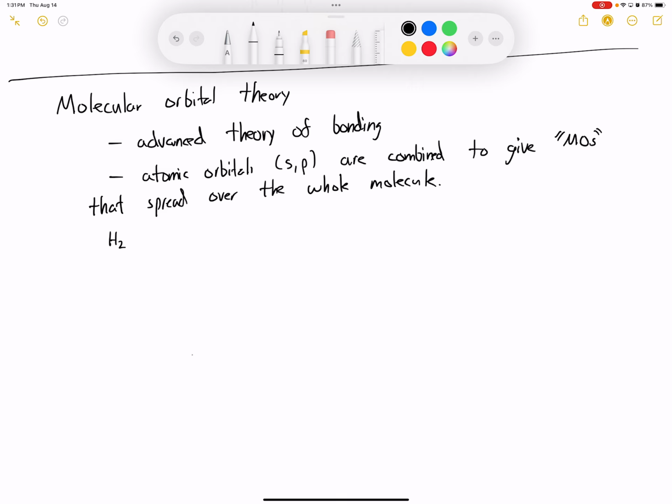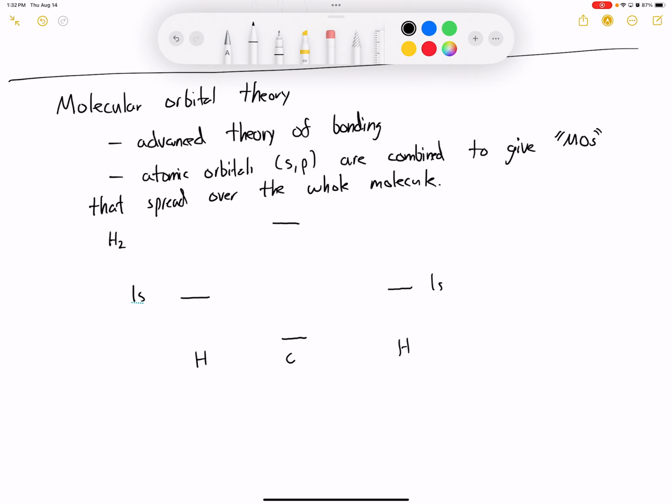All right. So you have an H here, here's the 1s, and here's this hydrogen's 1s. When you mix these orbitals, you're going to get two molecular orbitals, one higher in energy and one lower in energy, okay?